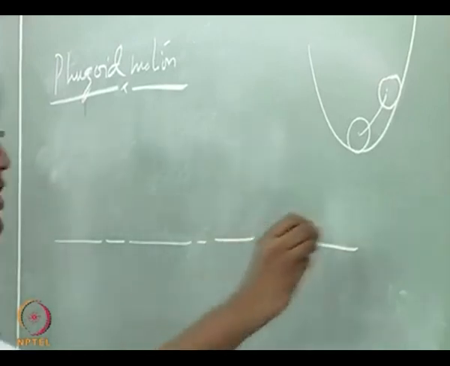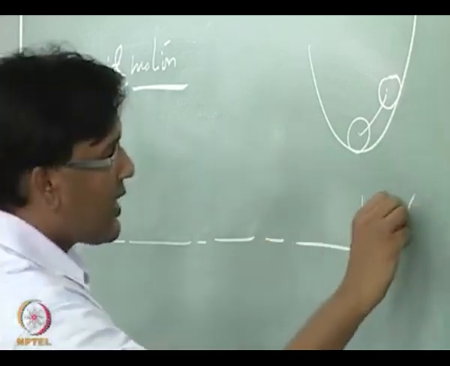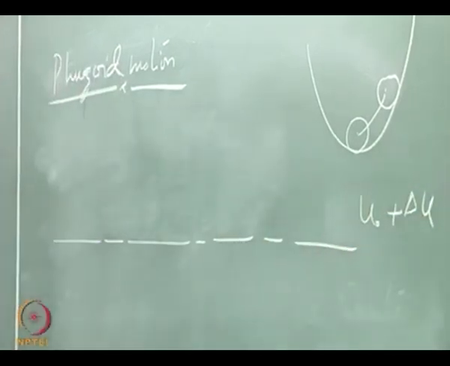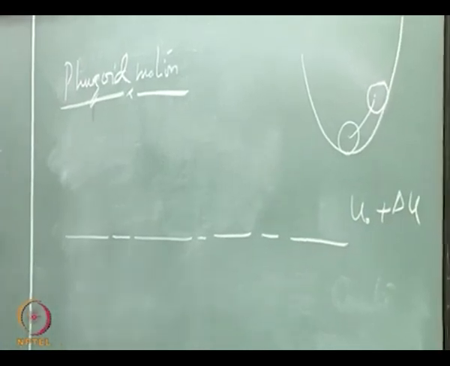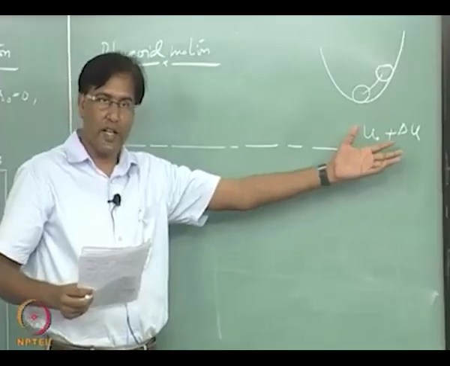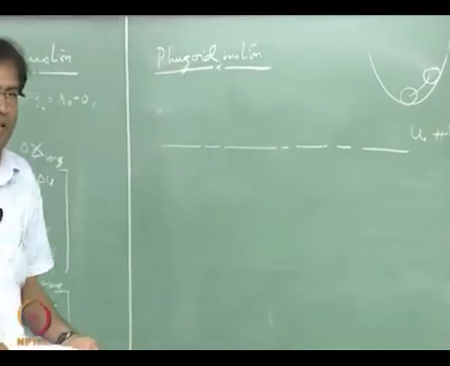So delta u naught is the equilibrium speed, and add that to this delta u. Because of that, there is an increase in kinetic energy, and the only way the aircraft can exhaust this energy is by gaining some height.